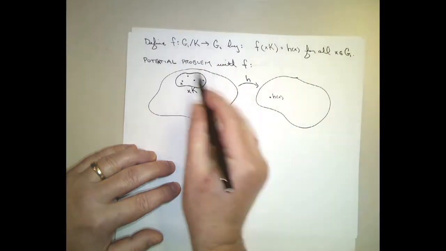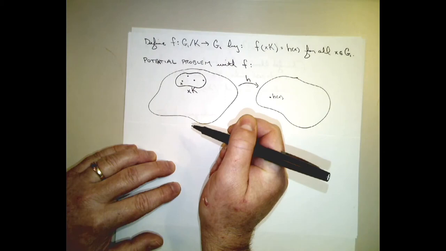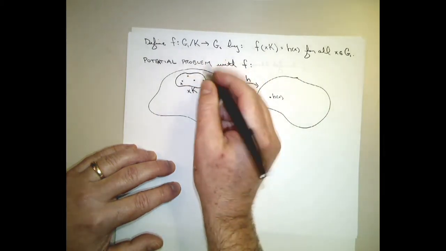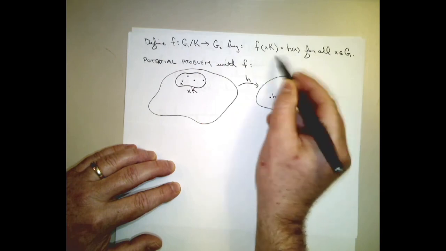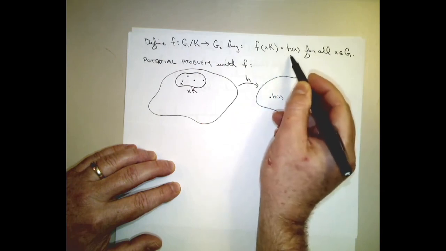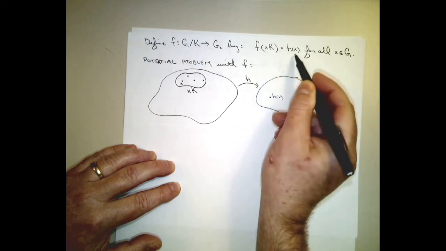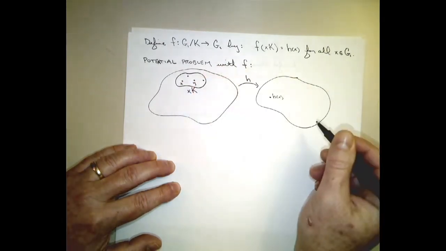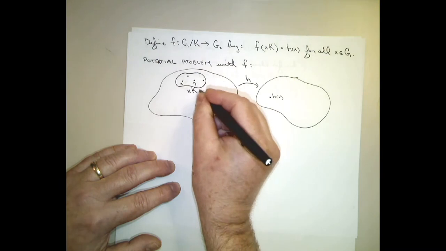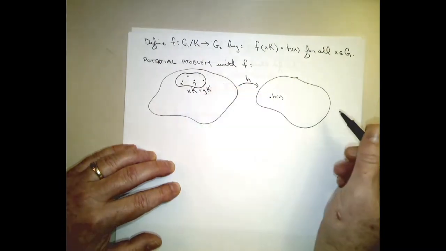Keep in mind, a coset has multiple elements in it. So whenever I say it seems perfectly innocuous to make this definition, it seems like there's only one thing that xK is going to under this definition. But what if I picked another element, y, out of there? Of course, the cosets are the same. xK and yK are the same coset.